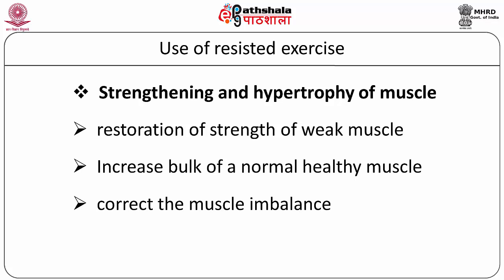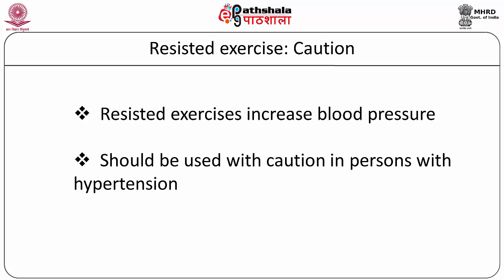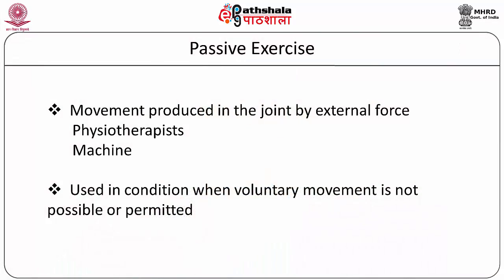By restoring the strength of weak muscle, resisted exercise helps to correct muscle imbalance and contributes to efficient coordinated movement. Resisted exercise also increases the blood pressure, and therefore these exercises should be used with caution in persons with hypertension. Now we shall talk about the effect and use of the passive exercises.